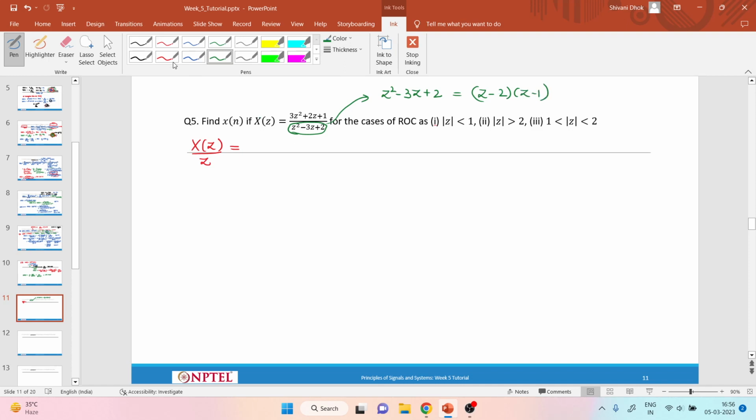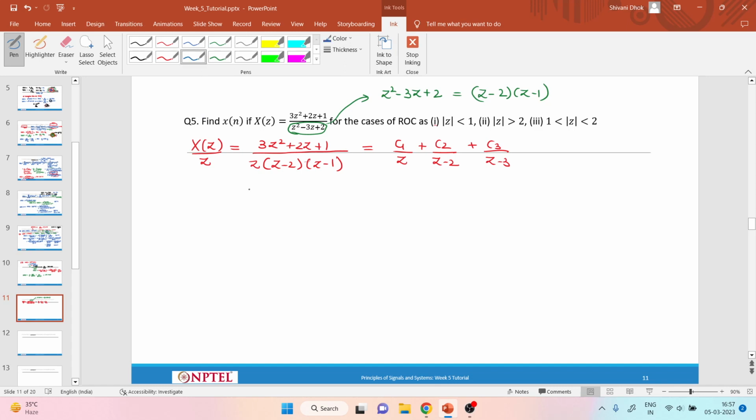So this can be written as (3z square plus 2z plus 1) divided by z multiplied by (z minus 2) multiplied by (z minus 1), and this is written as c1 upon z plus c2 upon z minus 2 plus c3 upon z minus 1.